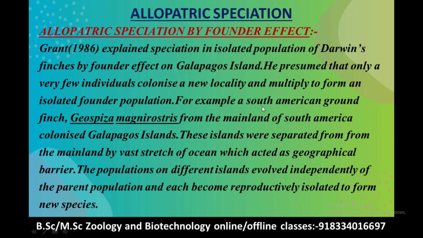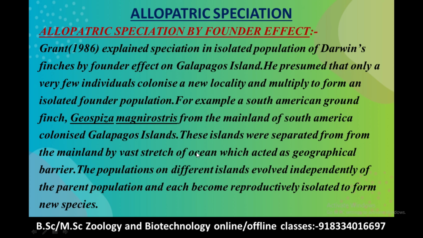For example, a South American ground finch, Geospiza magnirostris, from the mainland of South America colonized the Galapagos Islands. These islands were separated from the mainland by a vast stretch of ocean.